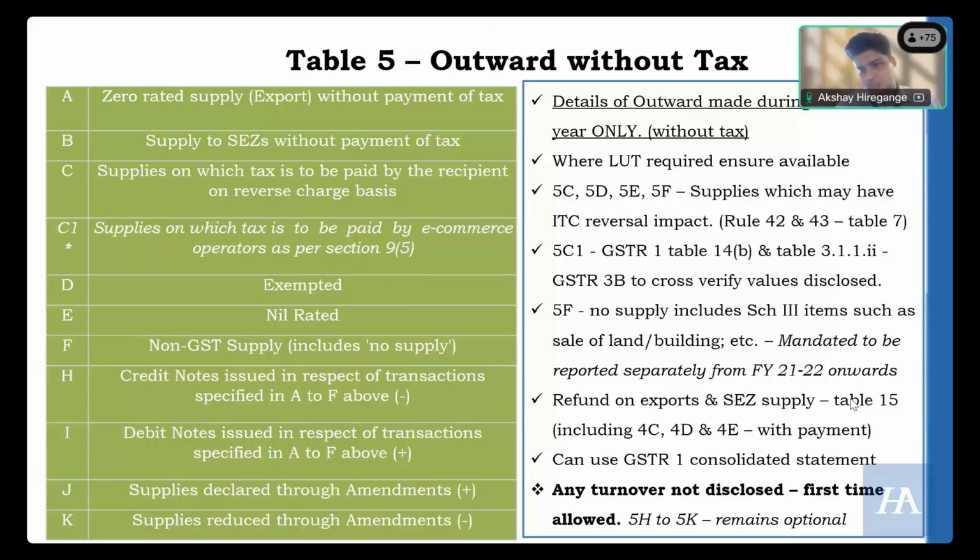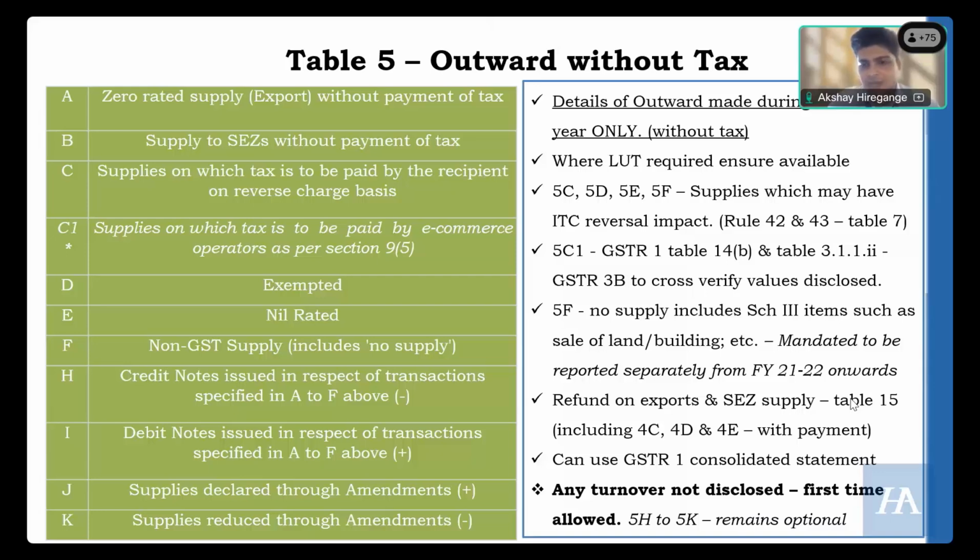FY 22-23 transactions captured in GSTR 1 and 3B of 23-24 in any table, same needs to be disclosed in GSTR 9. So transactions with respect to the previous year, I would assume that these are transactions which are captured in the books of accounts of 22-23, but only disclosed in the returns of 23-24.